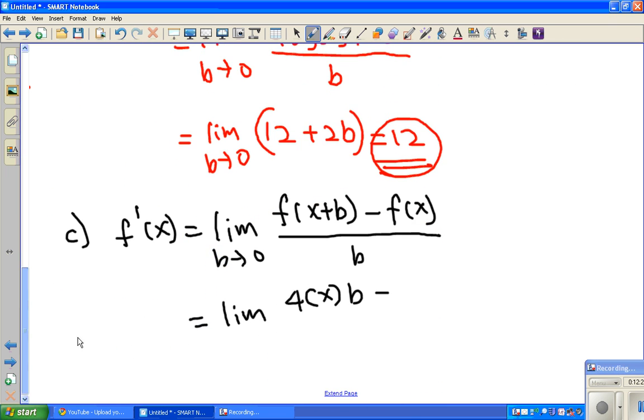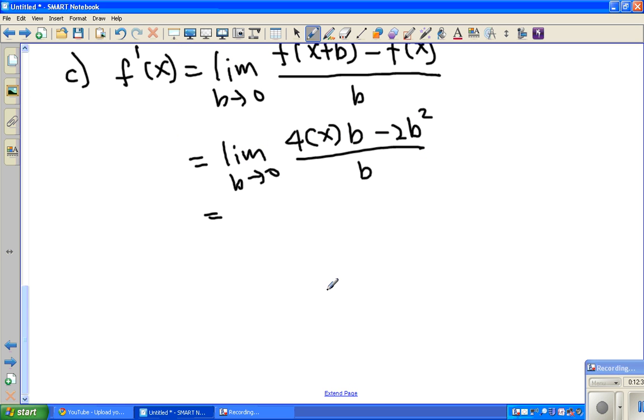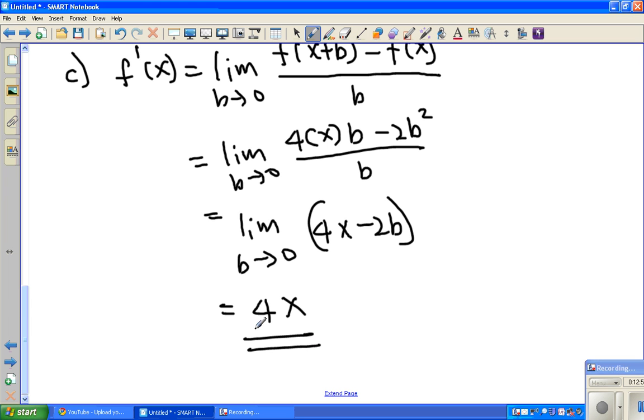I guess it was plus 2b squared all over b as b approaches 0. Now, when you simplify them, we get the limit as b approaches 0 of 4x plus 2b. Then our final answer becomes 4x.